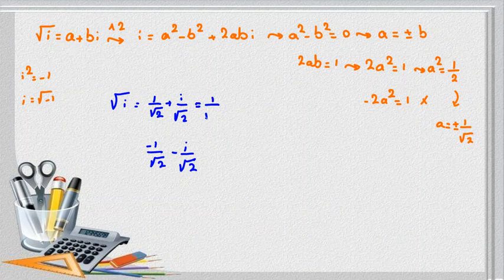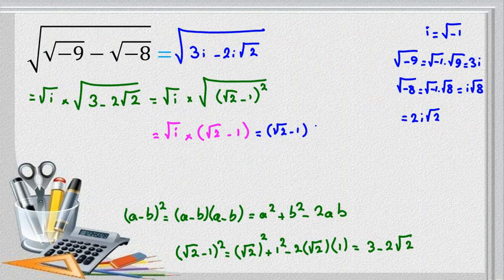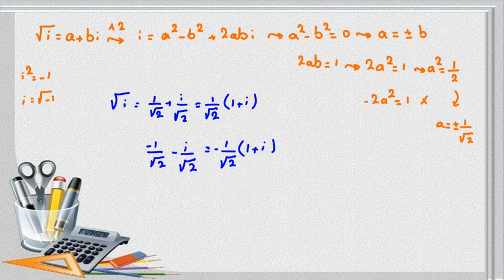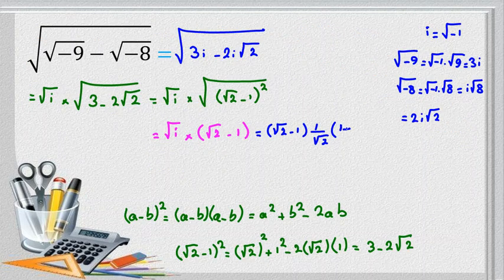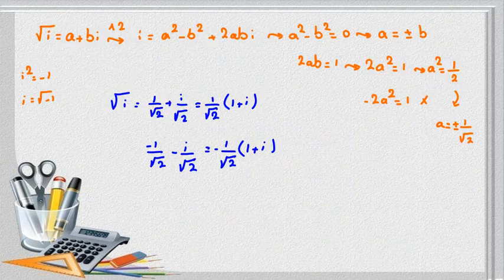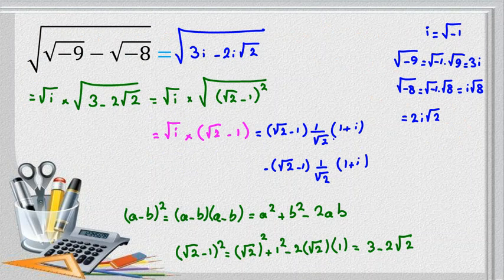You can factor 1 over root 2 times (1 plus i). Here, negative 1 over root 2 times (1 plus i). So 1 over root 2 times (1 plus i) times (root 2 minus 1), or 1 over root 2 times (negative 1 minus i) times (root 2 minus 1). Okay, so we found these two answers.